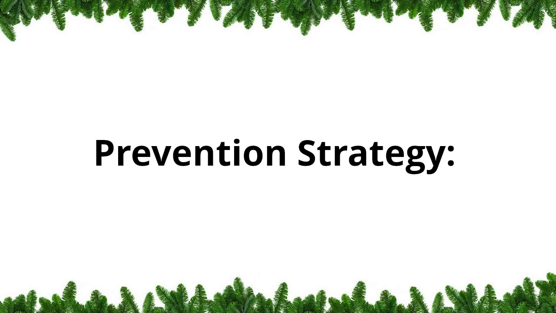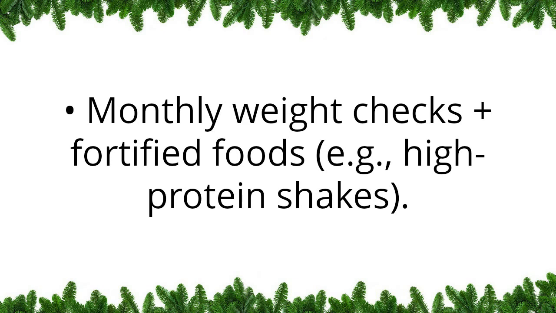As part of prevention strategy, also have monthly weighing for the elderly. This is to help monitor their weight and institute measures as soon as you notice any indication of malnourishment.